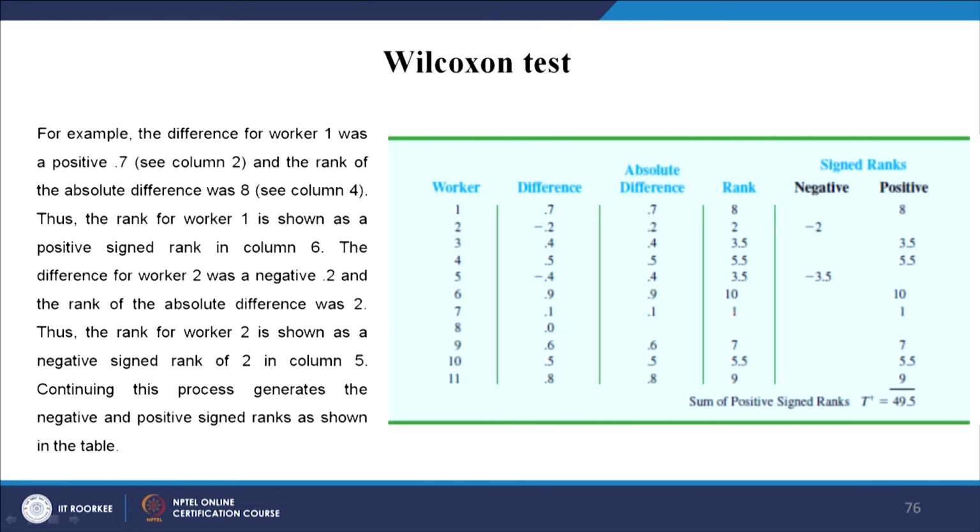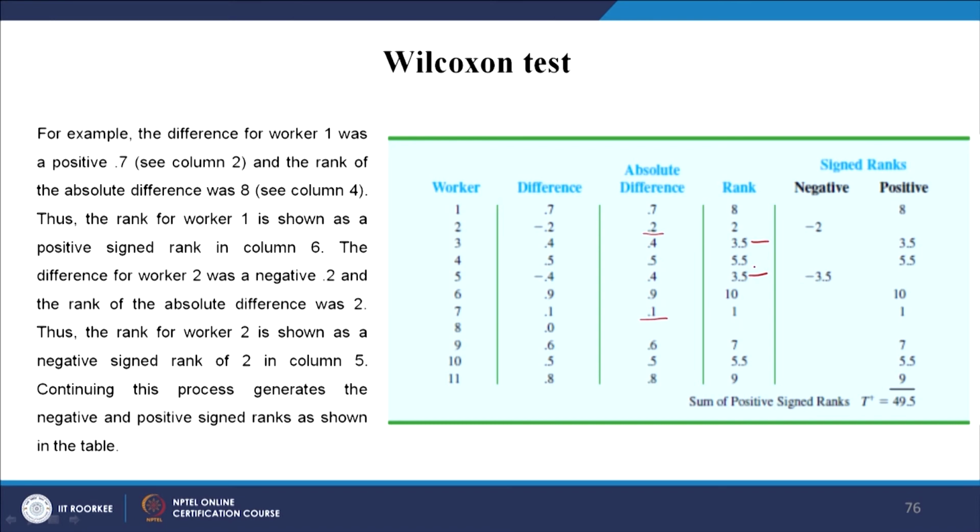Then you do not have a 3, because you have two that are the same. So instead of 3 you have given a rank of 3.5, 3.5. Then 4 you do not have.